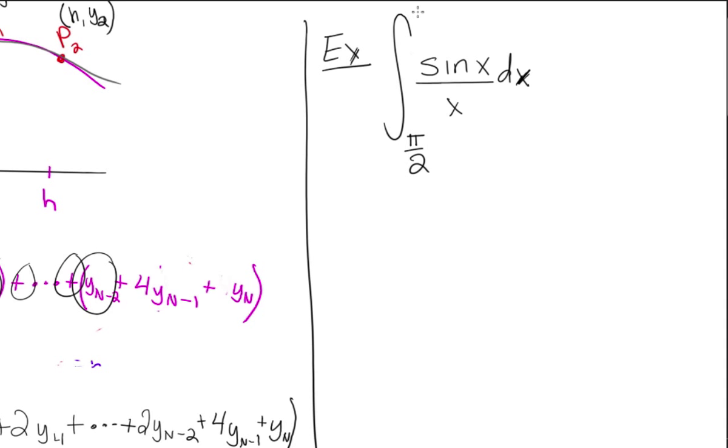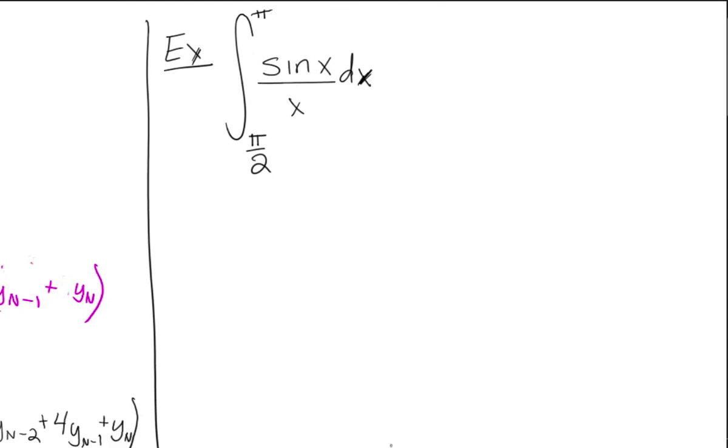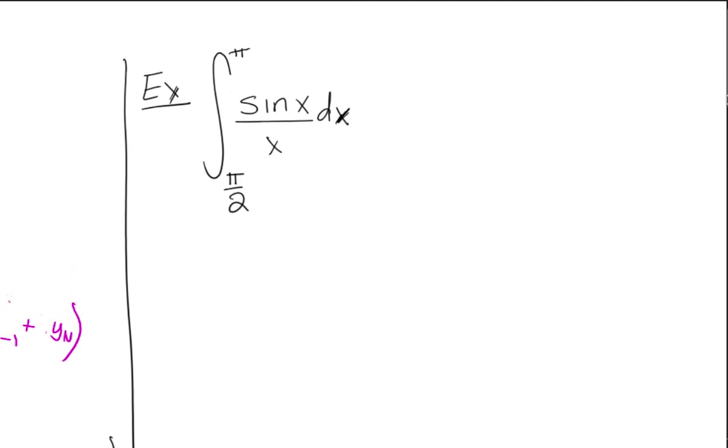Okay, so pi over 2 to pi. Okay, so let's use the trapezoid rule.